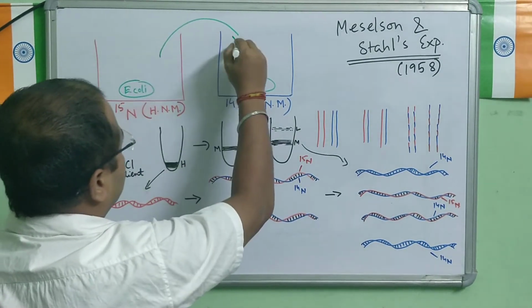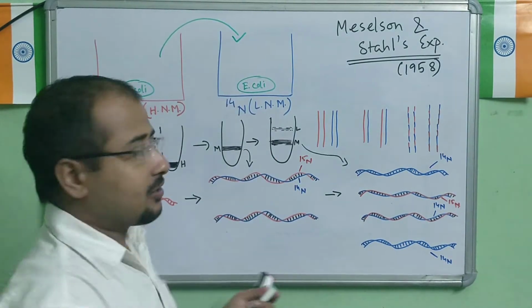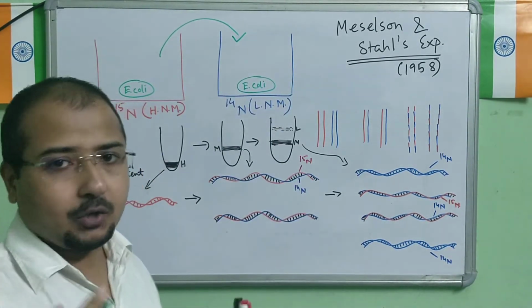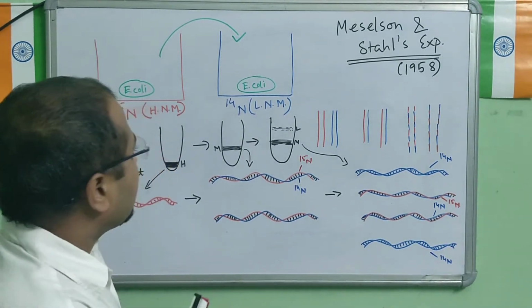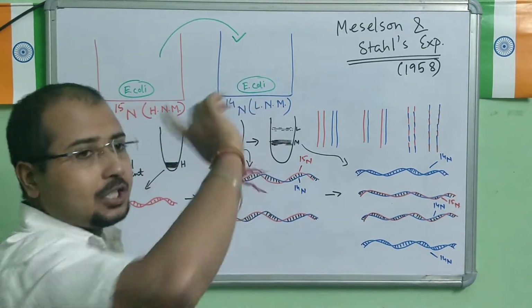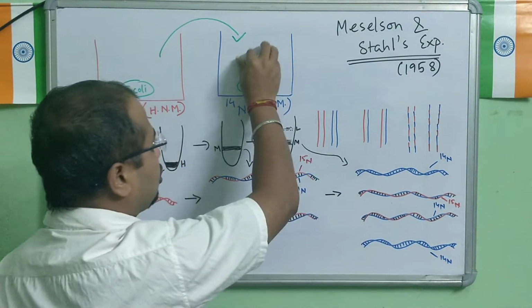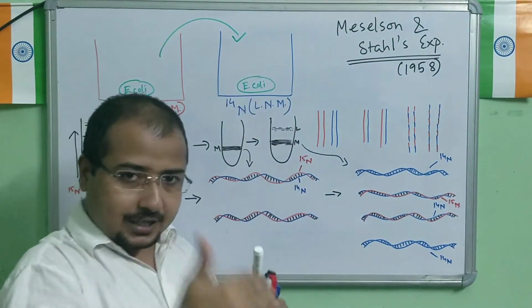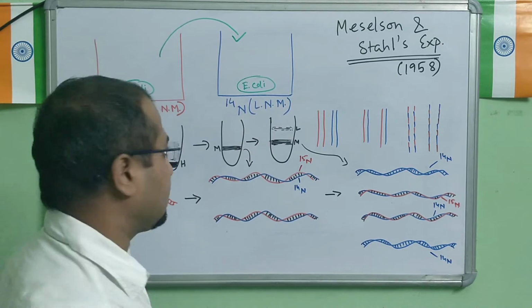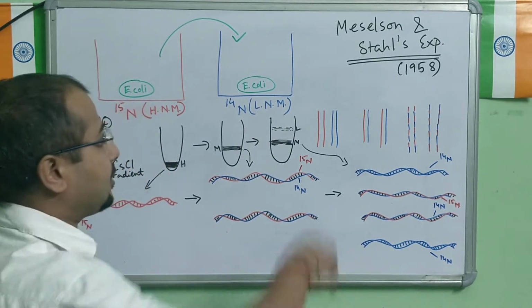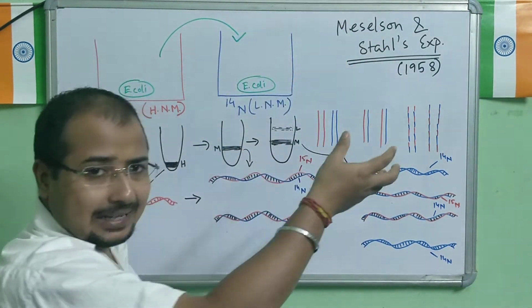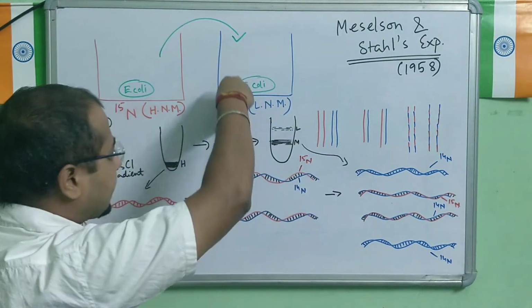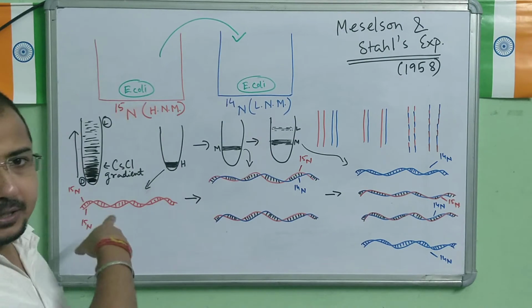So the bacteria which are transferred into this medium already contain heavy strands of DNA. Now what did they see? They allowed them to grow for one generation. Once they had grown into the first generation, they took out those bacterial cells and again tested them in the cesium chloride medium.